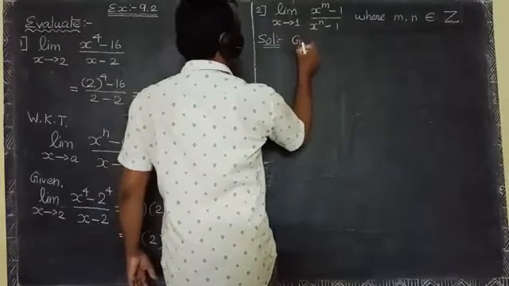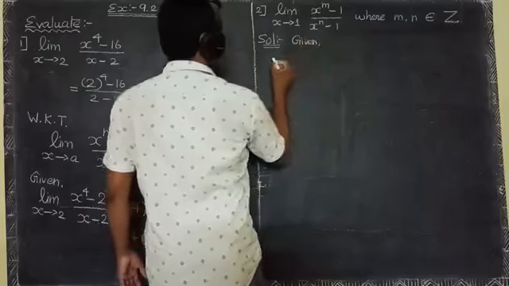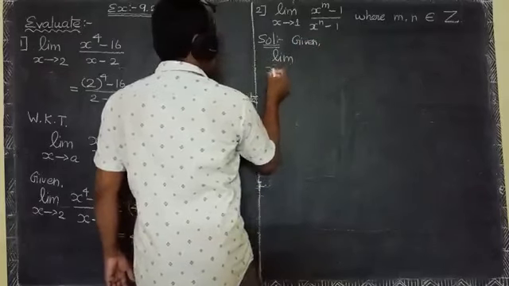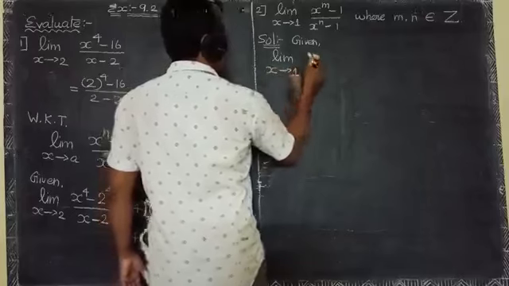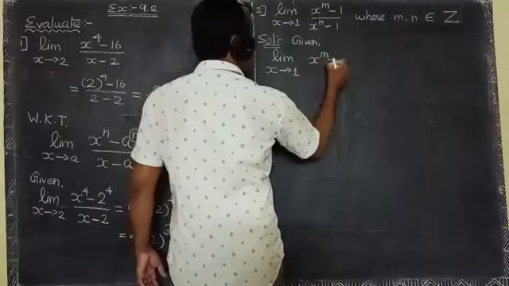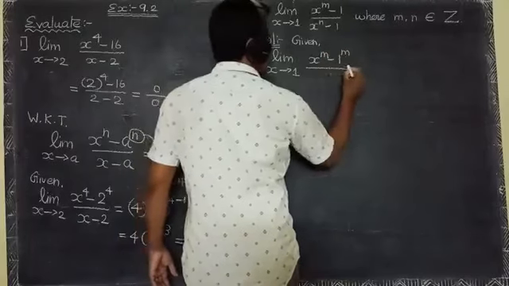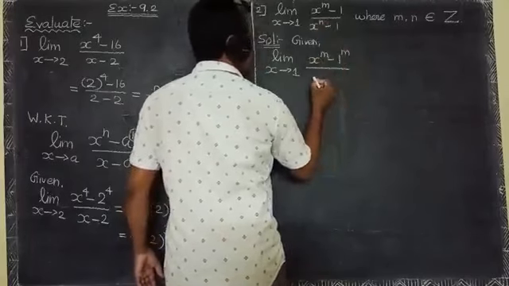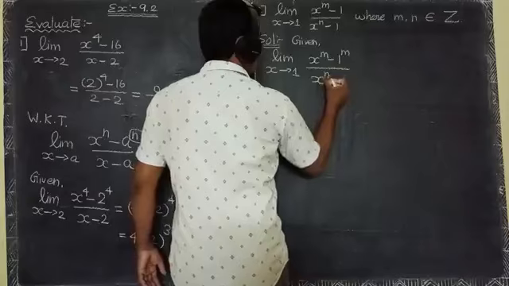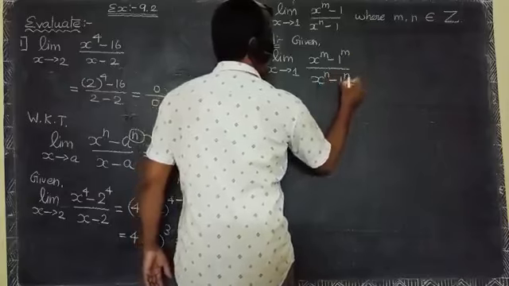here the solution. Given limit x approaches 1, x power m minus 1, where 1 can be written as 1 power m, divided by x power n minus 1, where 1 can be written as 1 power n.